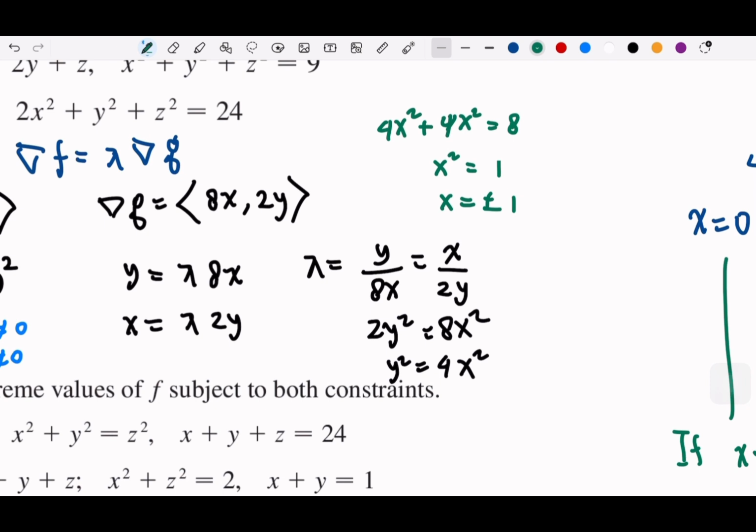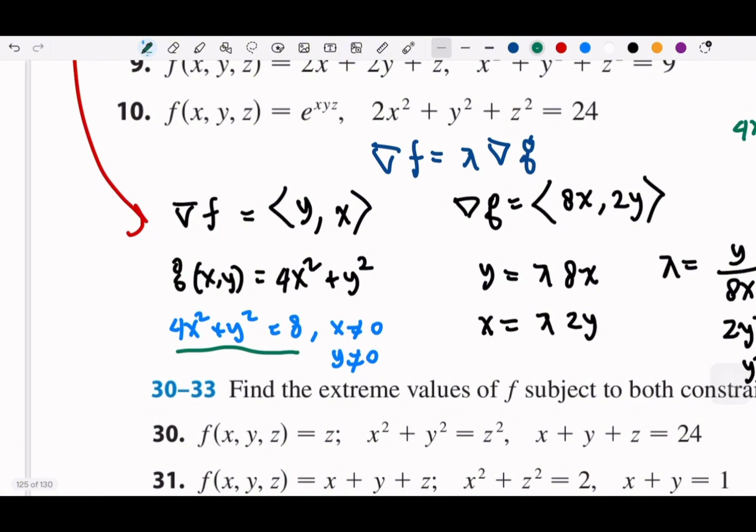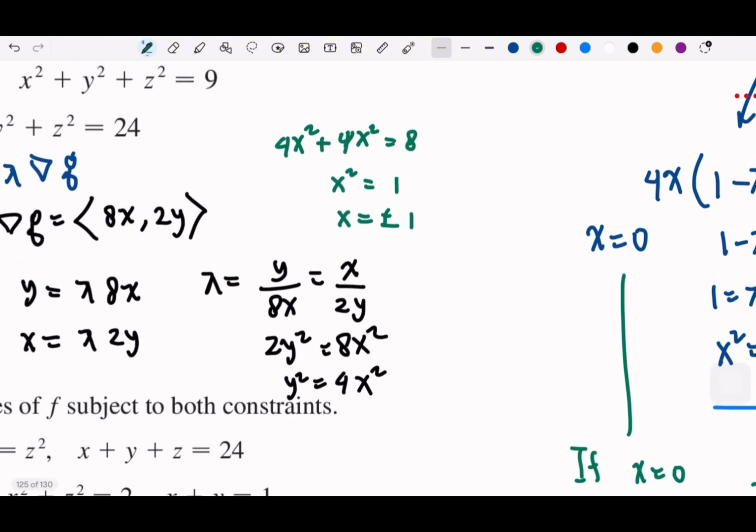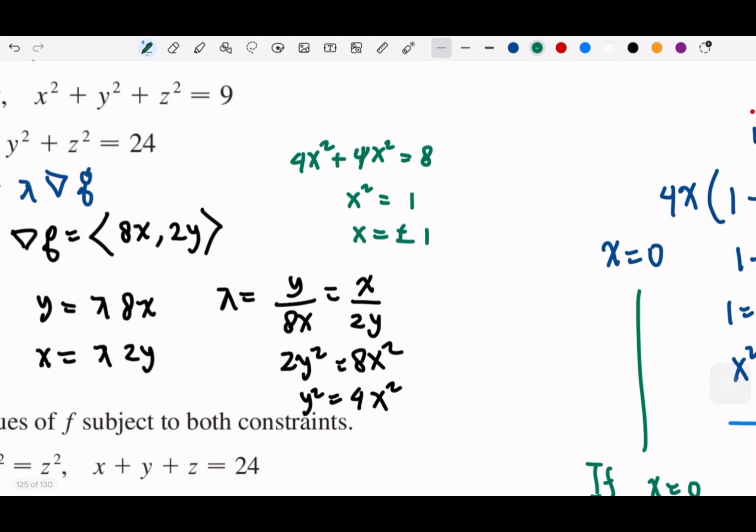If x is plus minus 1, then we can just plug in. 4x squared plus y squared is 8. So from here, 4x squared is 4, so y squared will be 4. We can use both of them because they will give the same value. So y will be plus minus 2.